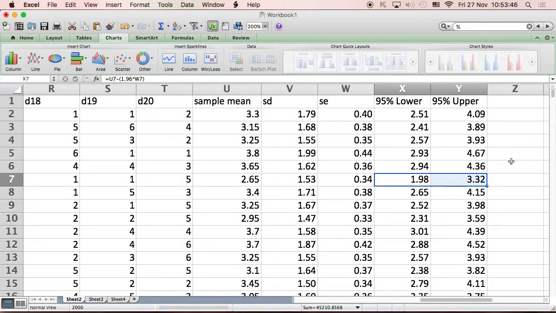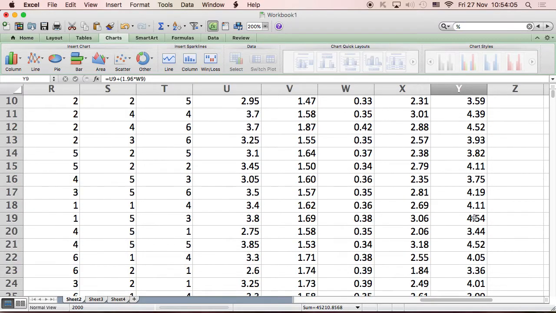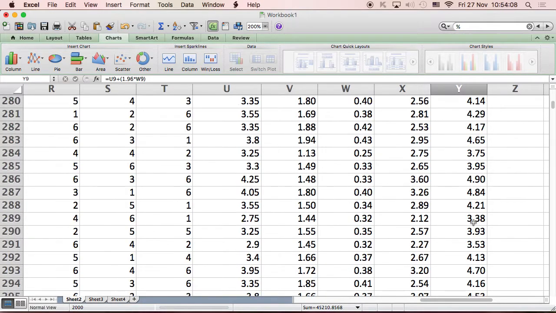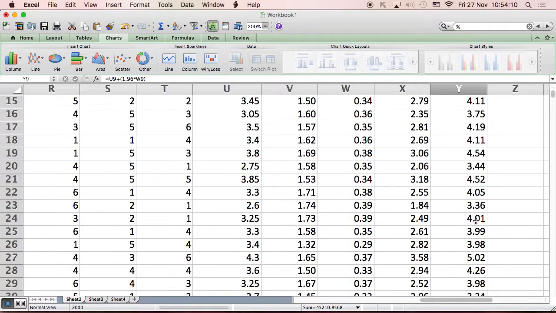But that one is 1.98 up to 3.32. So actually, it's not including the 3.5. If you look at it, most of them will include 3.5.